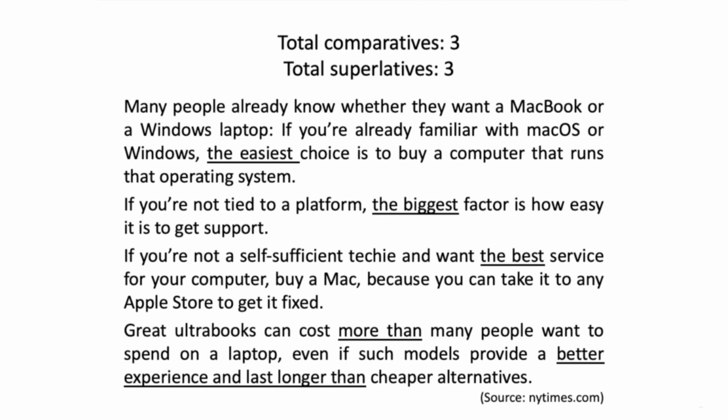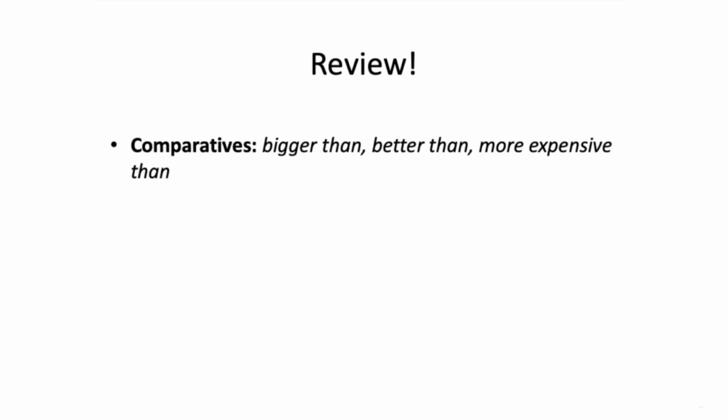In the second sentence, we have 2 comparatives in one sentence: better experience than and last longer than. We also have 3 superlatives: the easiest choice, the biggest factor, and the best service. Great work! Now it's time for review.